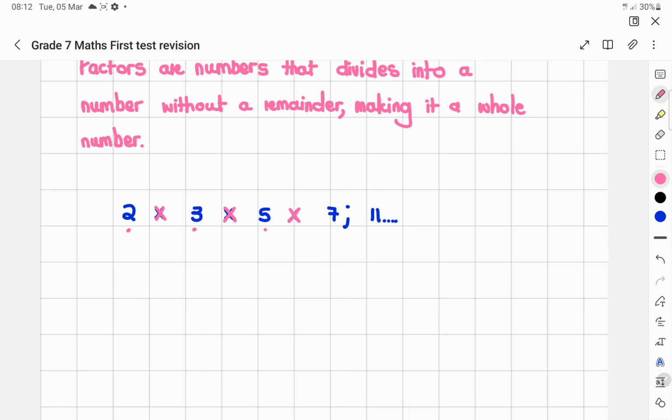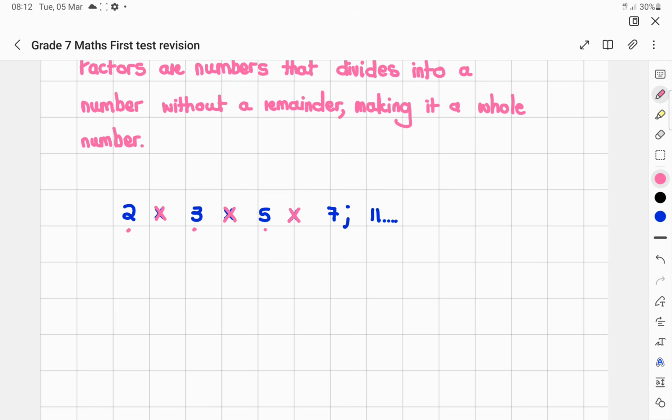Let's say 75 is made up out of, let me quickly see, a 3 times a 5 times a 5. So every single number that you can think of is made up out of prime numbers, the product of it.